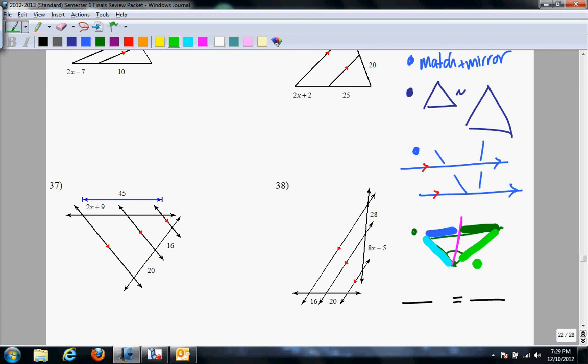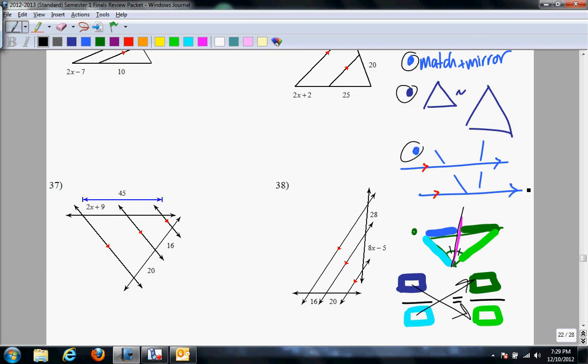So when you have an angle bisector, this segment over its corresponding side is the same as the other segment on the other side over its corresponding side. So when you have an angle bisector, those segments created by the bisector are proportional. And of course you can cross multiply. So these are the four things. First, match and mirror. Look for similar triangles or look for similar segments. And when you have an angle bisector, those pieces are proportional.